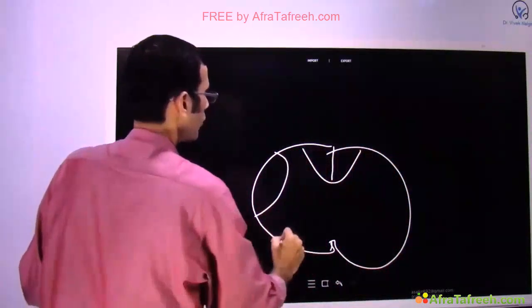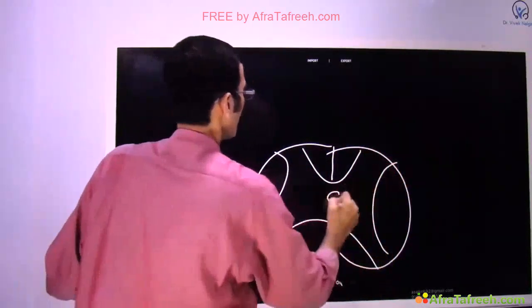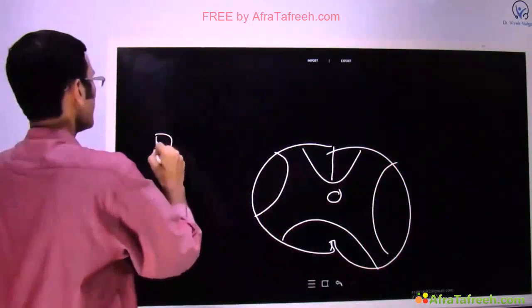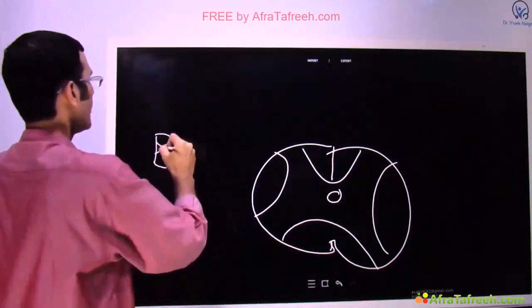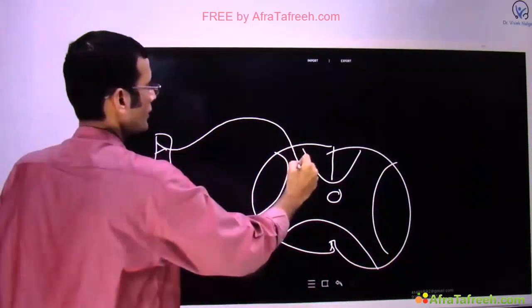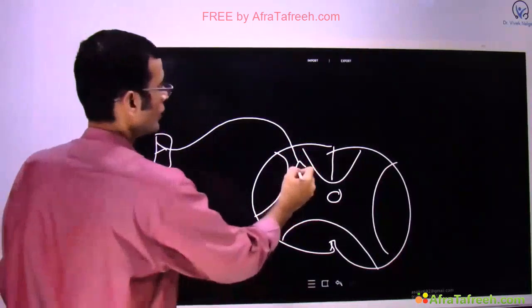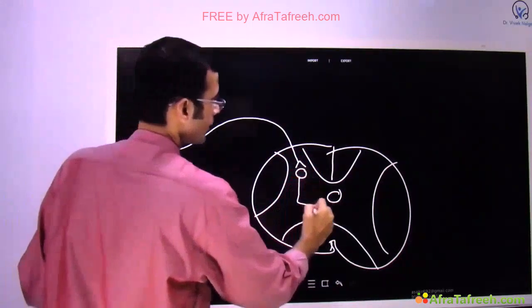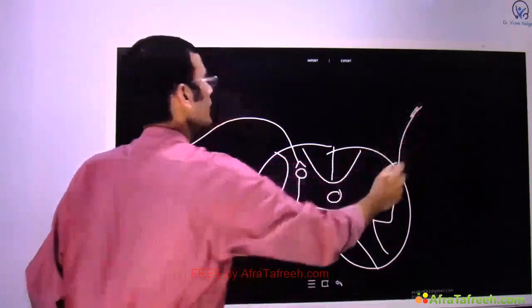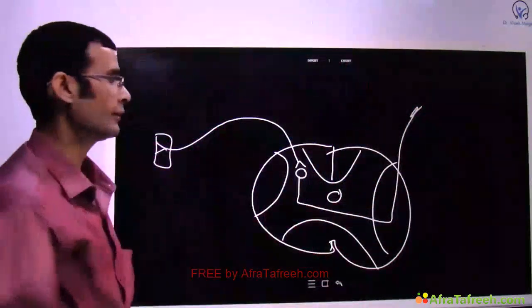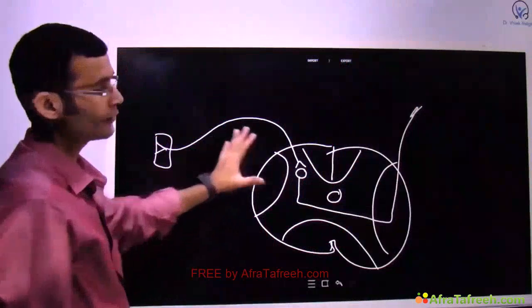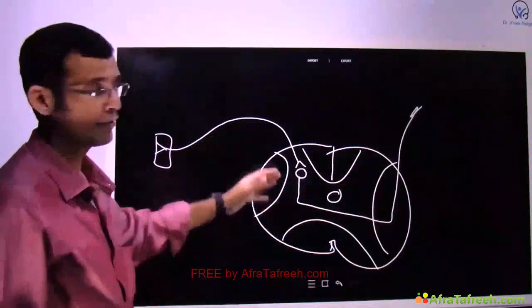Here is a spinal cord and here is a pain afferent coming from the skin, coming from the periphery. It enters the spinal cord and ends there, the first neuron. The second neuron starts from there, crosses the midline and goes to the higher centers. This is the pain transmission, or pain carrying fibers.